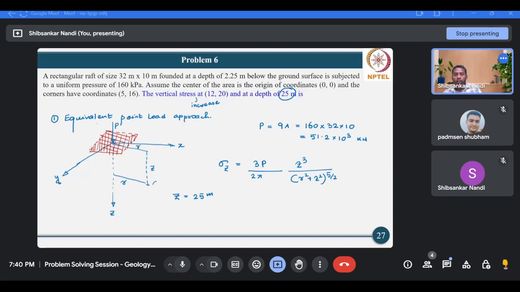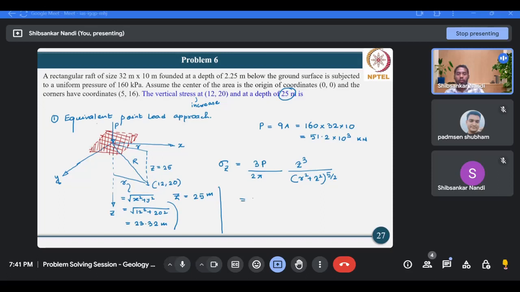At this point, what is the coordinate? This is 12, 20. Okay, this is your capital R. Now z is basically 25. Now what will be the r? So r will be root under x square plus y square. That means 12 square plus 20 square. So 23.32 meter. So this is the value of r.